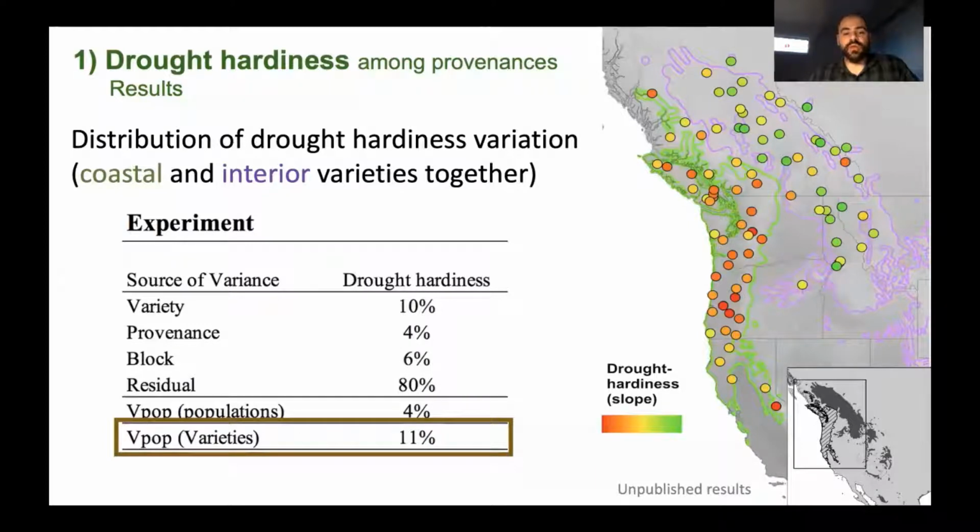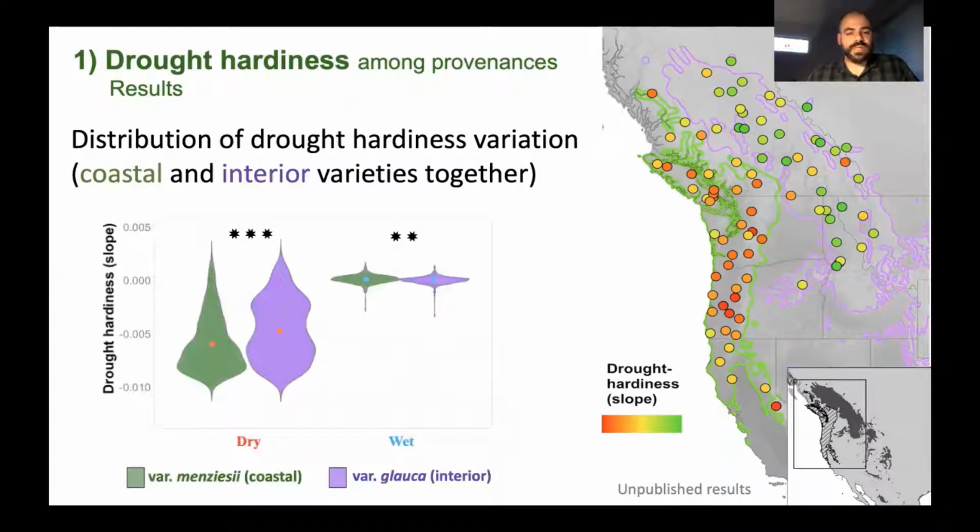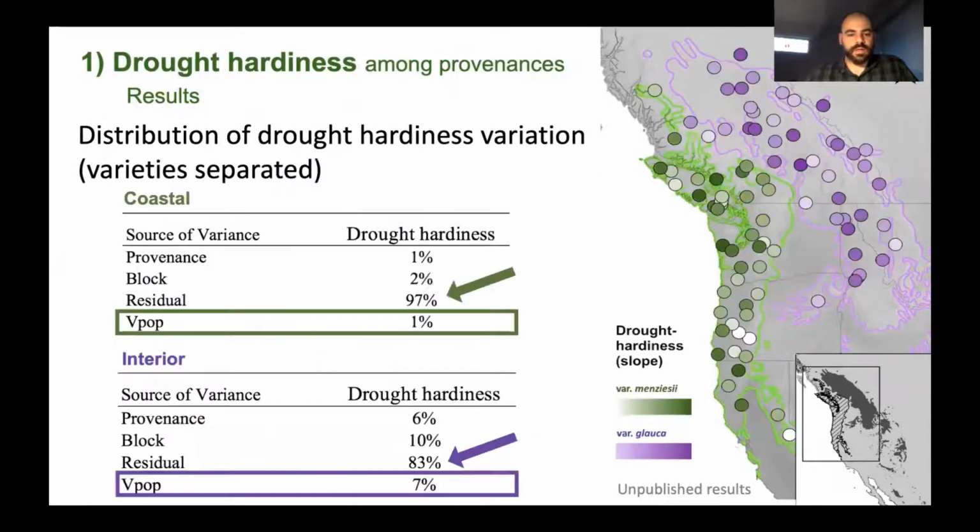So I partitioned the variance that I observed in this experiment, and I was able to observe some of the variation coming from between varieties. And this is pretty clear on the map here, interior and coastal being very different. So I tested for this difference and detected a strong difference between the two varieties.